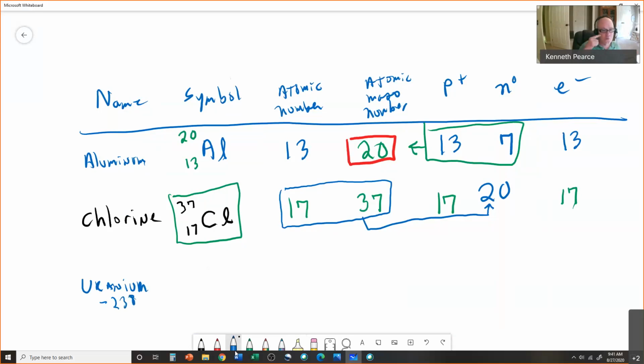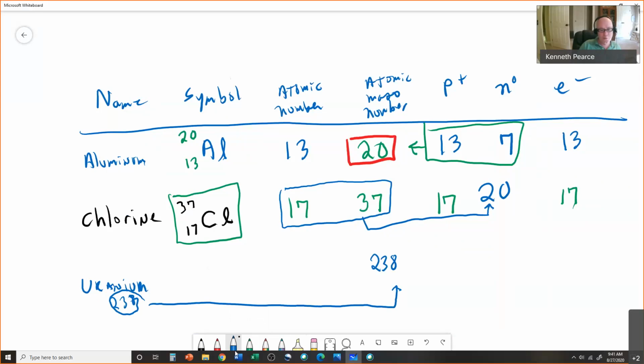That's what it means. And so that's going to end up being copied over. Let me go ahead and copy it. So this is uranium-238, and we're just going to copy it over to the mass number. There it is.